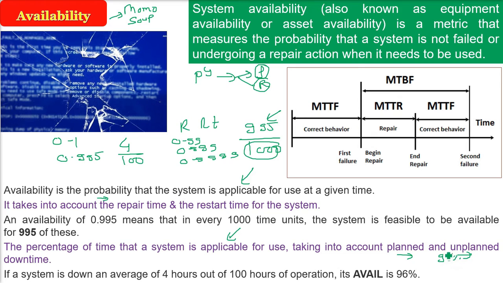You have to subtract from 1. As you know, in probability, for happening and not happening, we just subtract from 1. So 1 minus 4 by 100 is going to give you 96 by 100, and that is going to be 0.96, or you can simply say 96%. This is how we compute the availability.